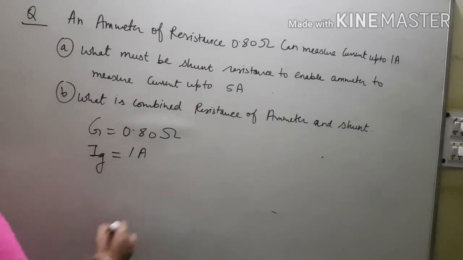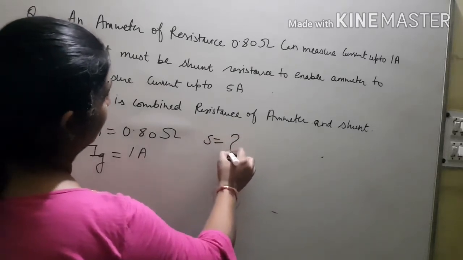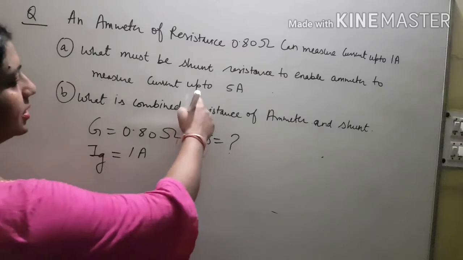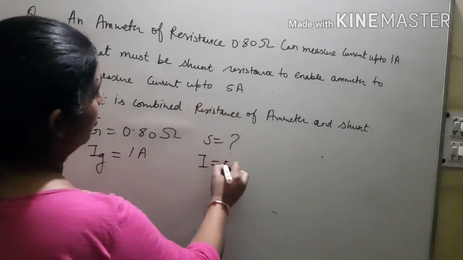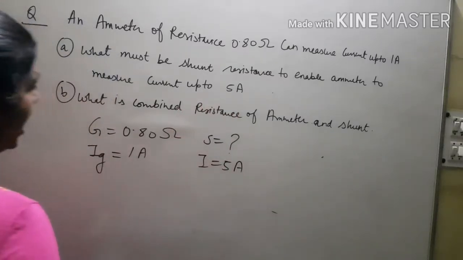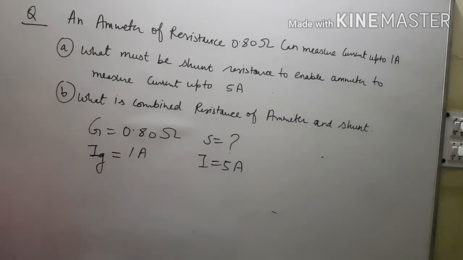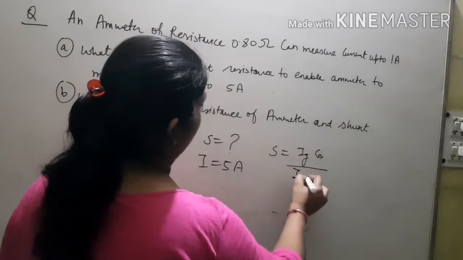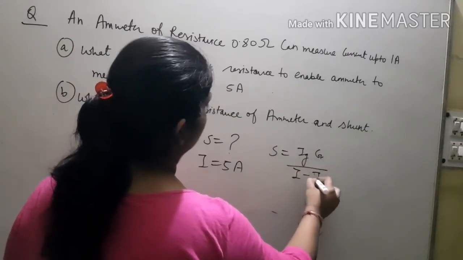And what must be the shunt? So we have to find the value of shunt to enable the ammeter to measure the total current up to 5 ampere. And you know the formula of shunt. What is shunt? IgG over I minus Ig.